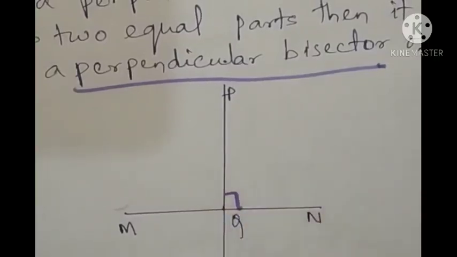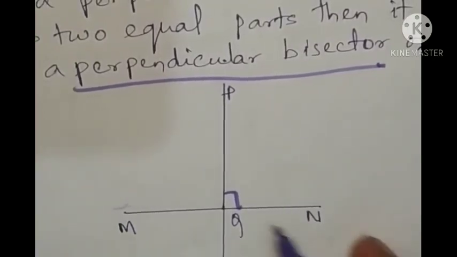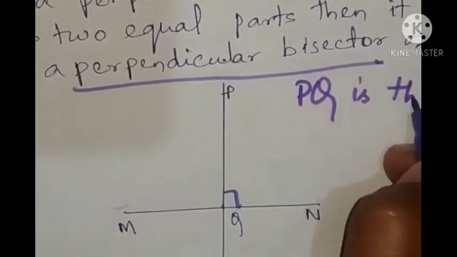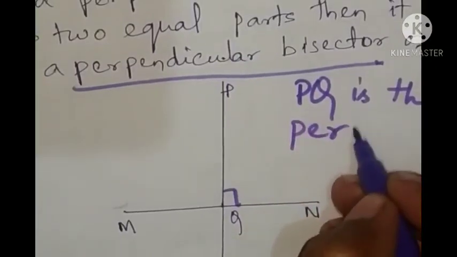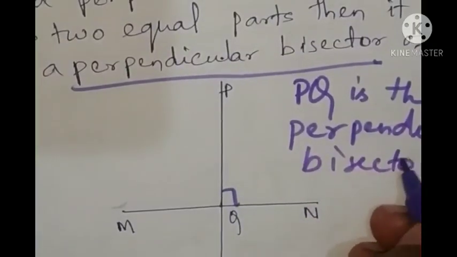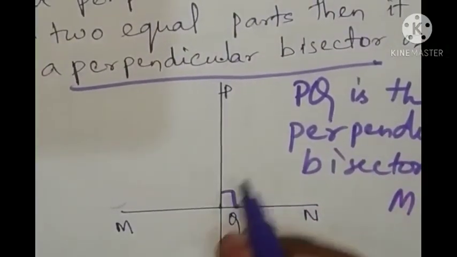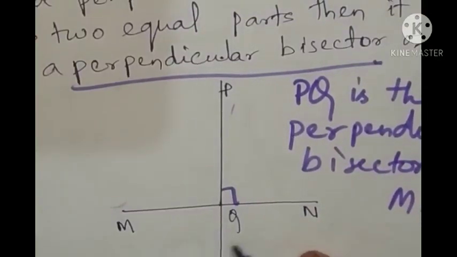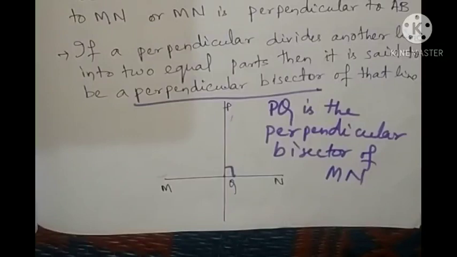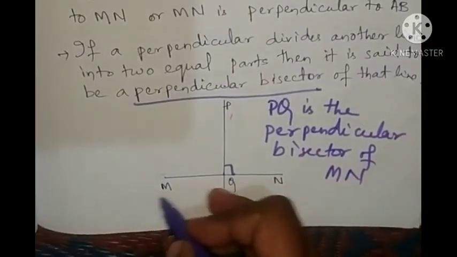That's why PQ is the perpendicular bisector of MN, but MN is not the perpendicular bisector of PQ. Here what will you write? PQ is the perpendicular bisector of MN. Why? Because PQ is perpendicular and it is dividing MN into two equal halves.